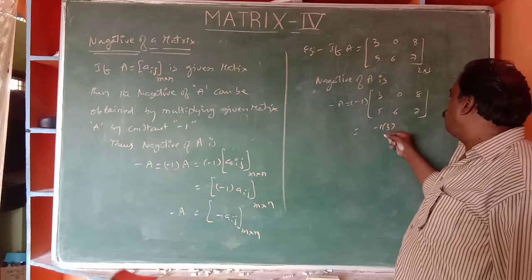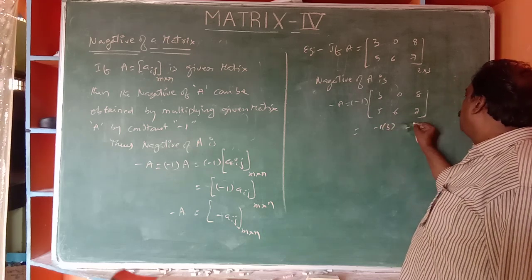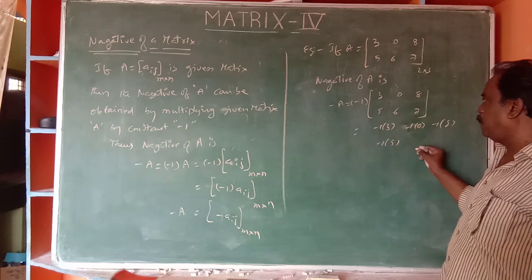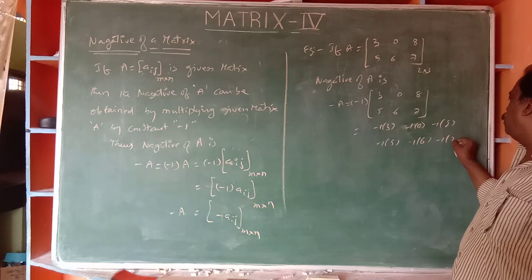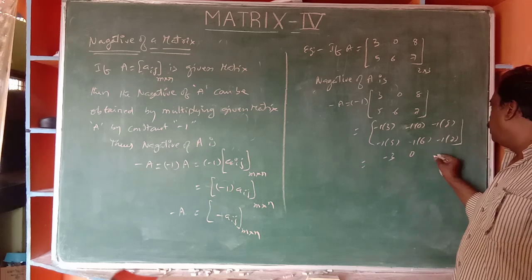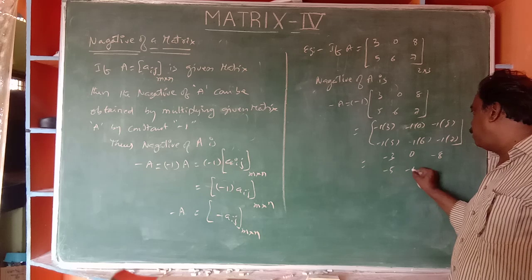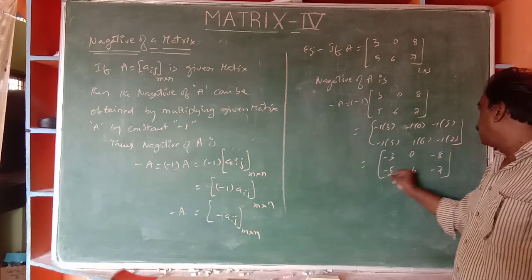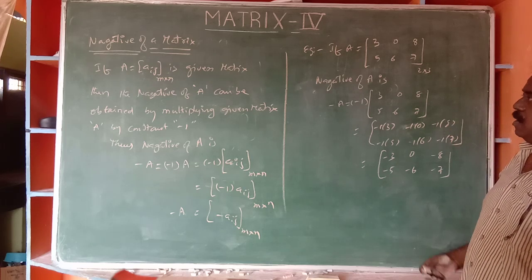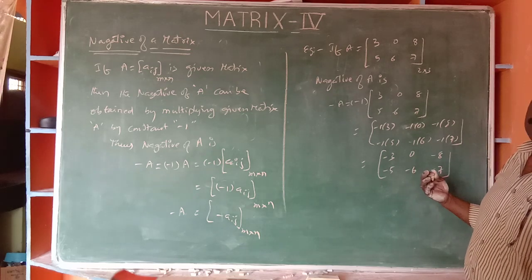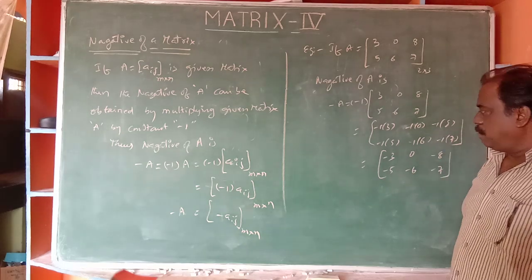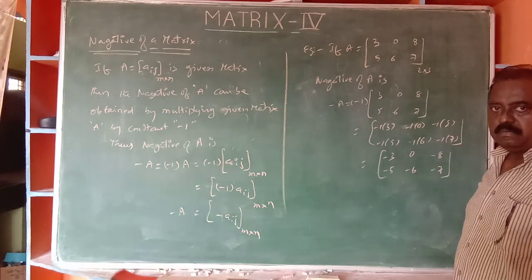It is minus 1 into 3, minus 1 into 0, minus 1 into 8, minus 1 into 5, minus 1 into 6, minus 1 into 7. It is minus 3, it is 0 simply, it is minus 8, minus 5, minus 6, and minus 7. Is it clear? That means, in order to get the negative matrix of a given matrix, we simply multiply each and every element of that given matrix by minus 1. Okay, now?